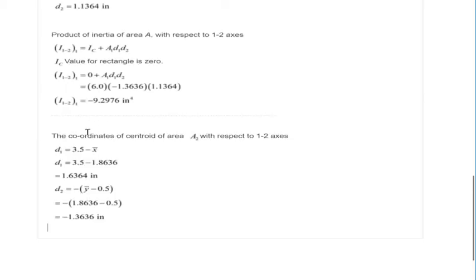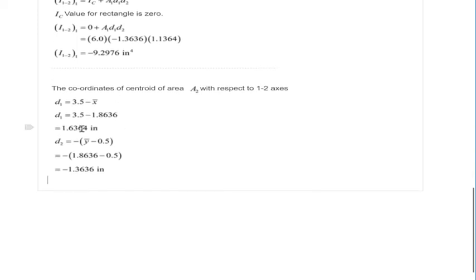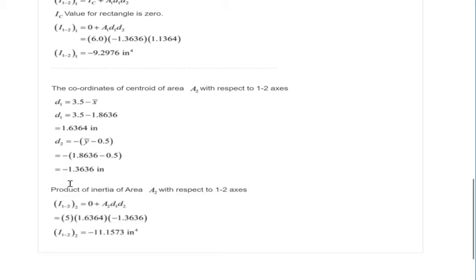We find the distances, which in this case would be 1.63 and 1.36, positive and negative. After that, we find the product of inertia for the second area.